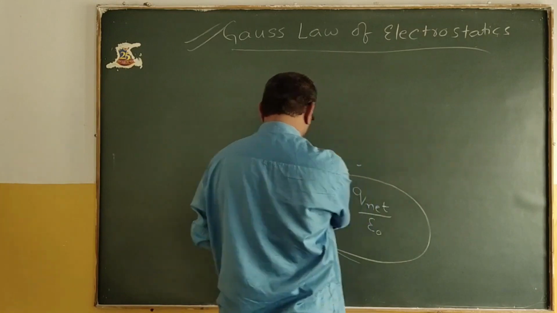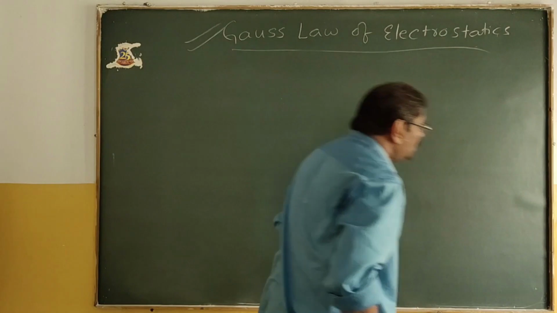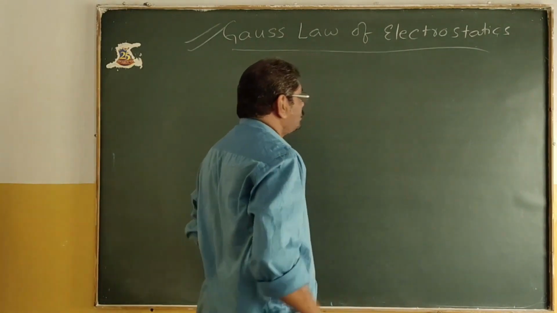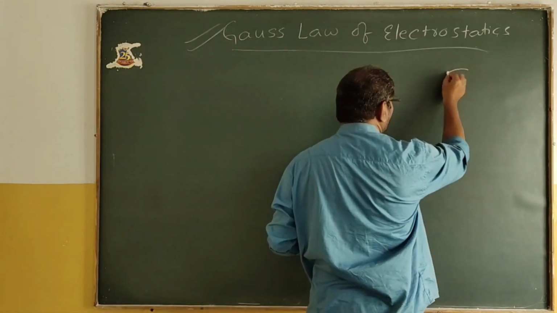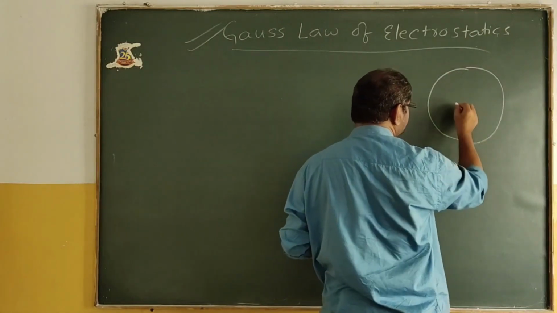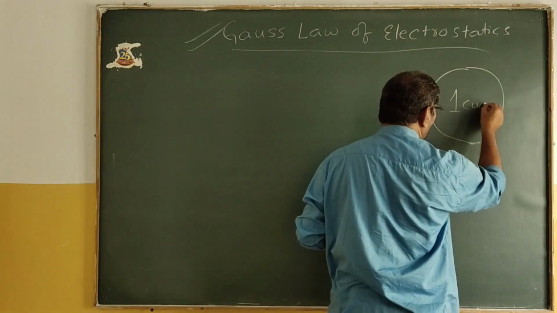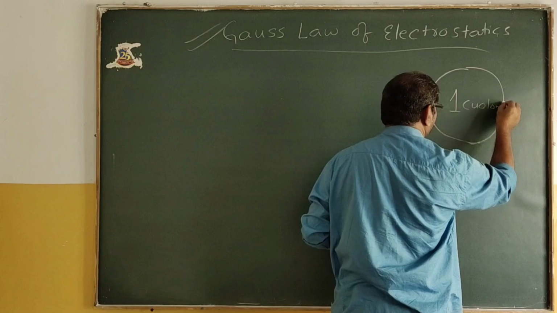Now, one important thing. Let us say a Gaussian surface is enclosing 1 coulomb of positive charge.